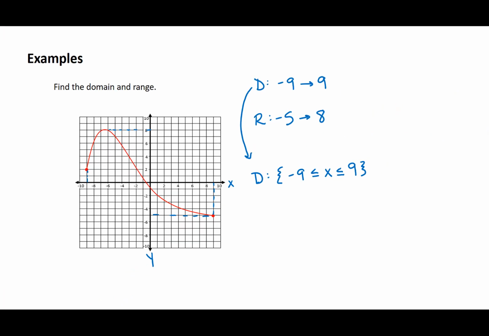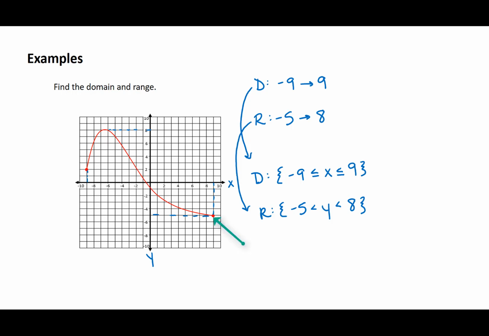We're going to do the same thing with range. I'm going to come down here and my range, write this with an inequality, because it's all the values from -5 to 8. So my lowest is -5 less than, range are my y values, y less than my upper 8, and your squiggle bracket again. Ask yourself the same question. Do I actually get to -5?